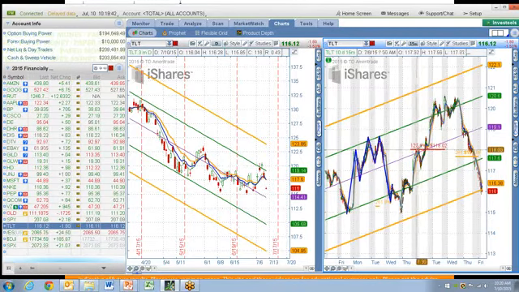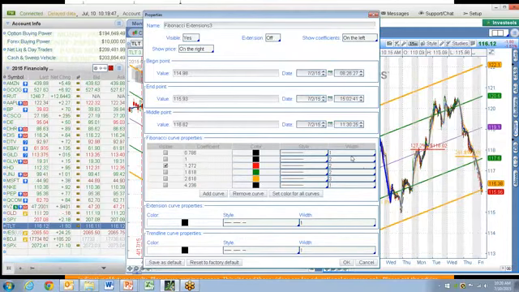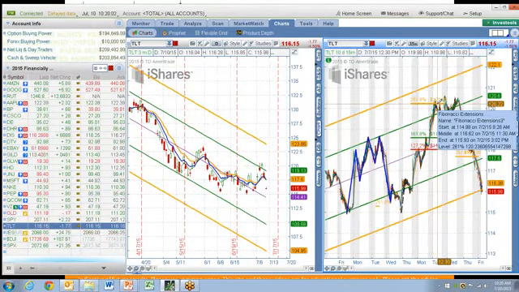And the ones I use are the 127, the 161, and the 261 to show me where the trades are overextended. This trade showed that it was overextended right around 120.22.